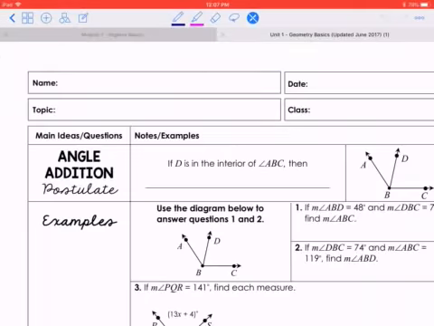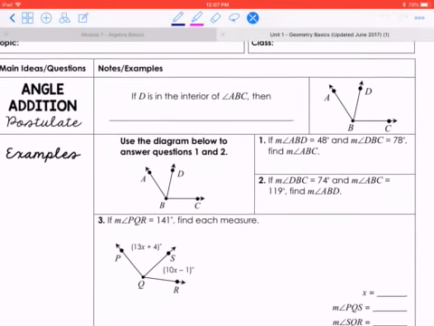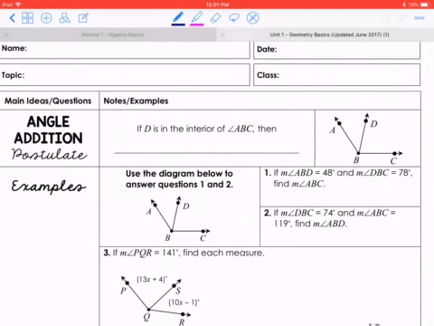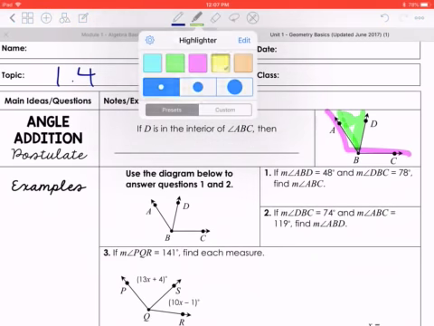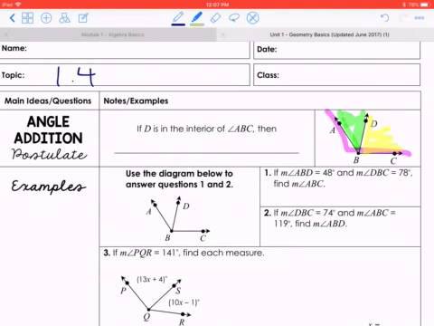I'm going to jump over here. We got one more thing. Last thing I'm going to show you, and this is still part of lesson 1.4, is the angle addition postulate. We did segment addition. It is the same thing. We start with a large angle. When you divide it up, you now create two smaller angles. So we would have angle ABD here in green plus DBC in yellow.